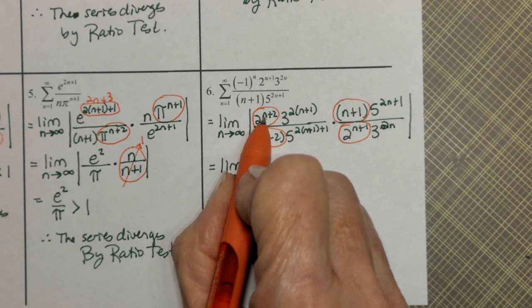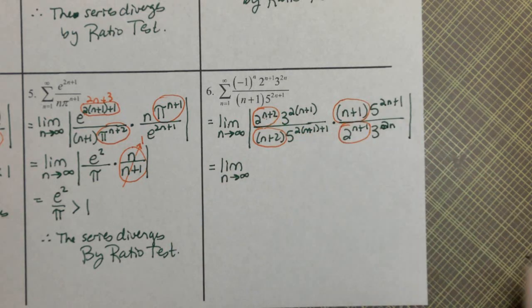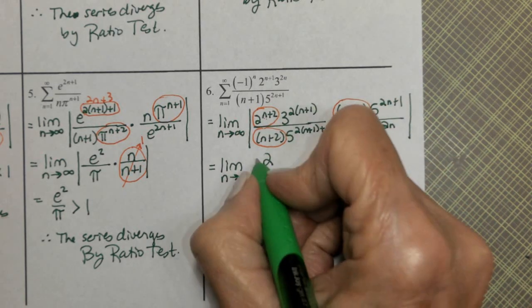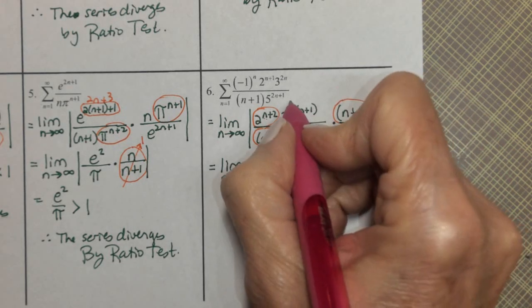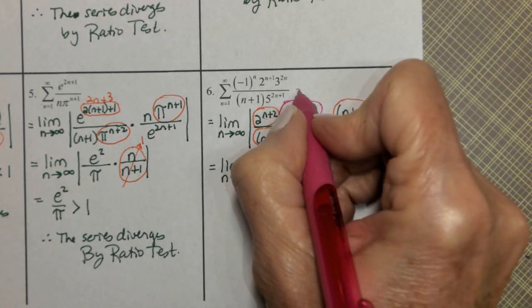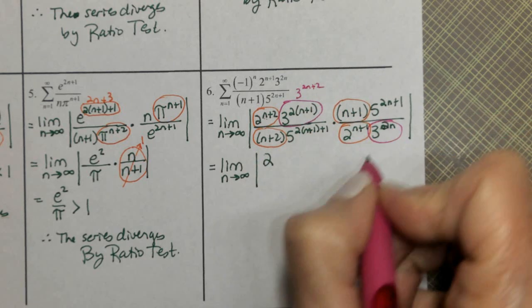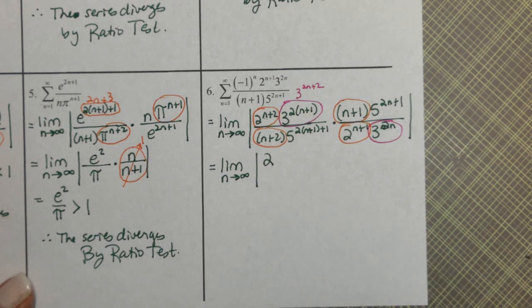The larger is on top, so my 2 is going to be on top, and when I subtract the powers, I'm just left with a single 2 on top. Okay, let's look at our 3's. This is 3 to the 2n plus 2, and this is 3 to the 2n. That reduces to 3 squared on top.